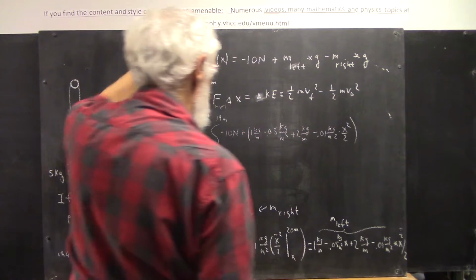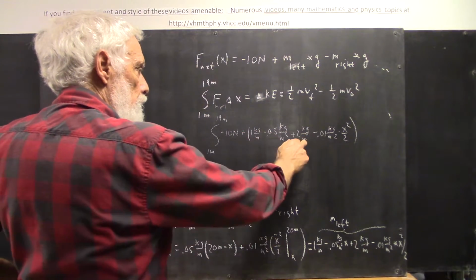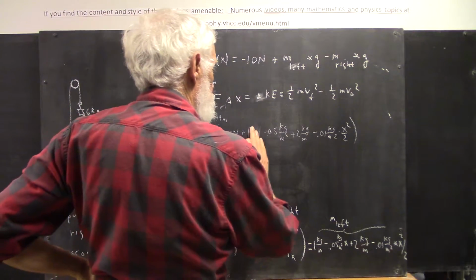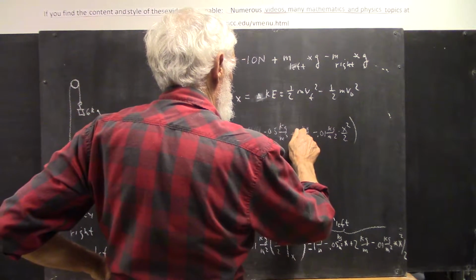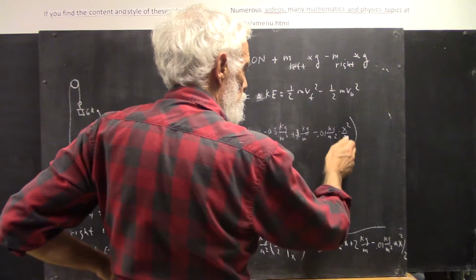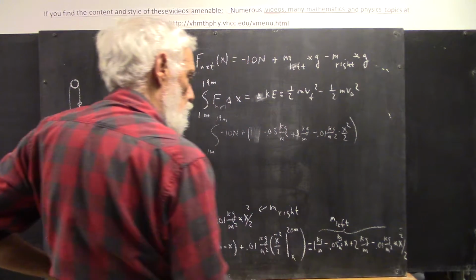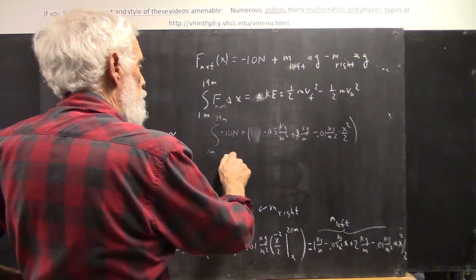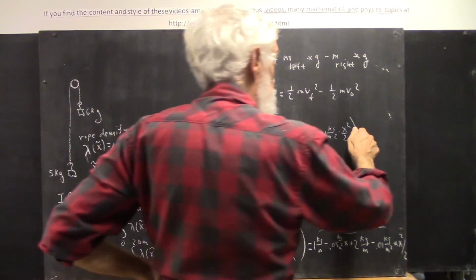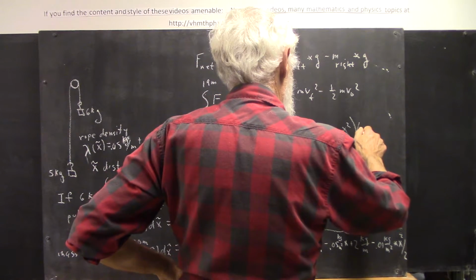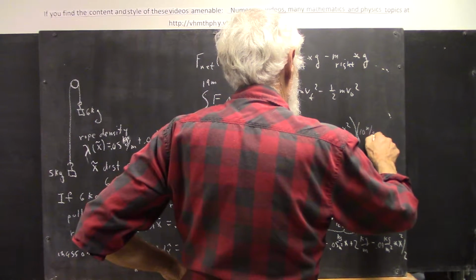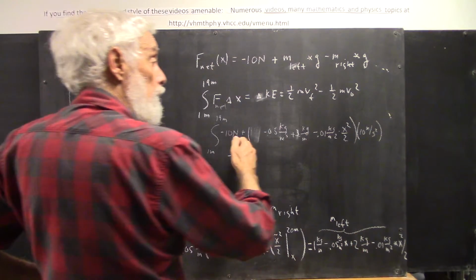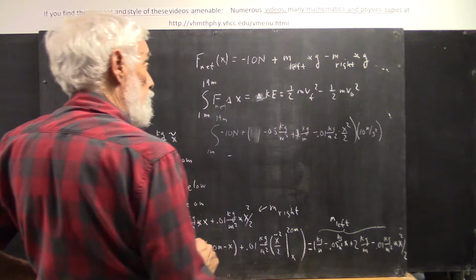Now this could be simplified. The 1 kilogram per meter and the 2 kilogram per meter would give us 3 kilograms per meter, so I'm going to go ahead and do that. And of course, dividing this by 2 gives us a 0.05 here. But there's more. Then we have to subtract, and that's all times, using the approximation 10 meters per second squared for the acceleration of gravity. There's the mass, there's the acceleration of gravity.